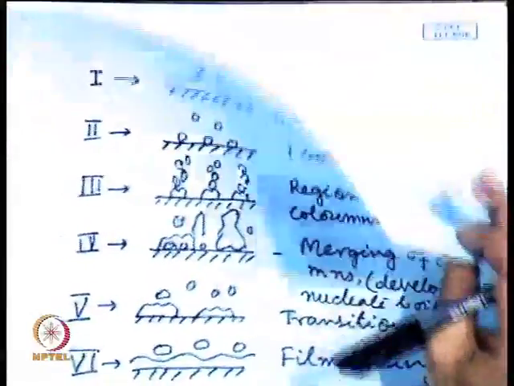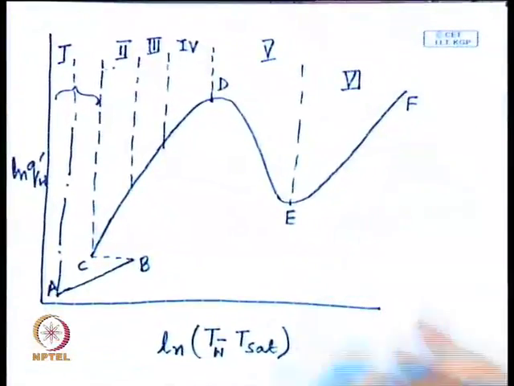If we go back to our earlier figure, here we can see A to B, that is the natural convection heat transfer regime. C to D, this is the nucleate boiling regime, because here bubbles are nucleated over the heated surface and then they are leaving the surface, taking the heat from the hot surface to the bulk of the liquid.